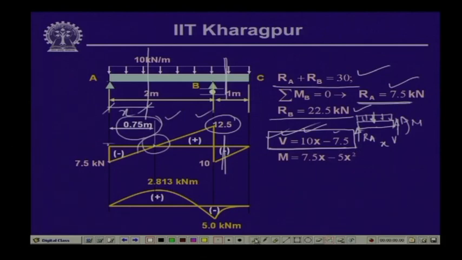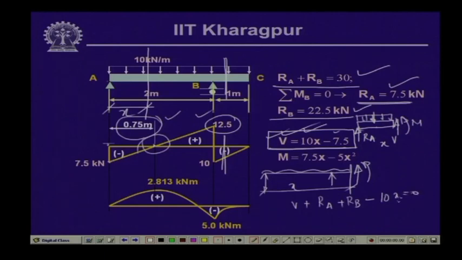Now, the free body diagram for that section is something like this: we have R A here, we have R B here, and we have the uniformly distributed load. This is the section at a distance of x from here, and we have the shear force V and the moment M. So, V plus R A plus R B minus 10 times x equals 0.